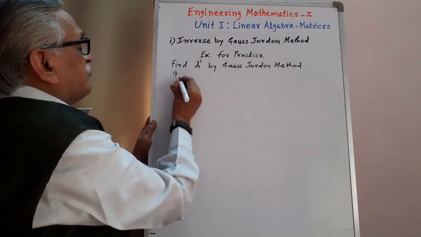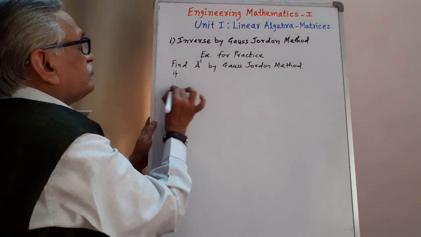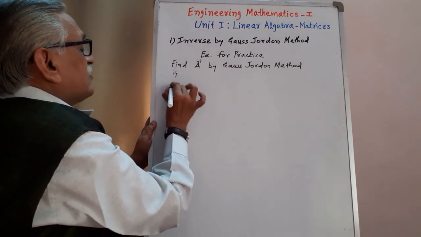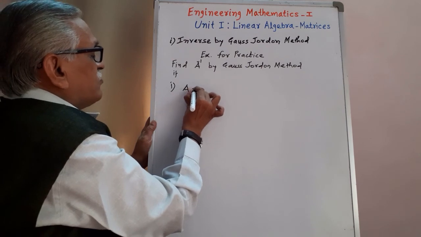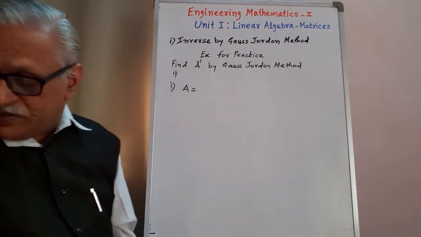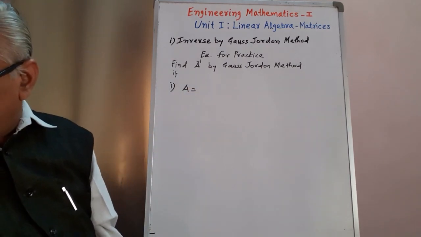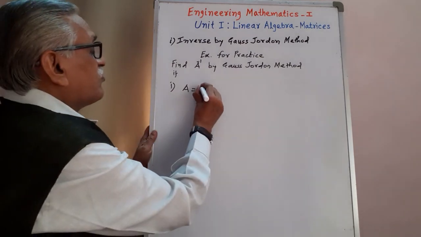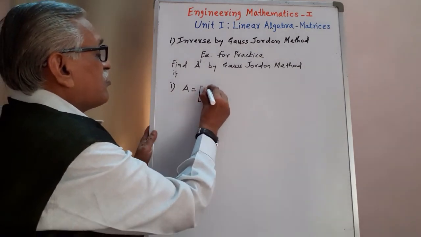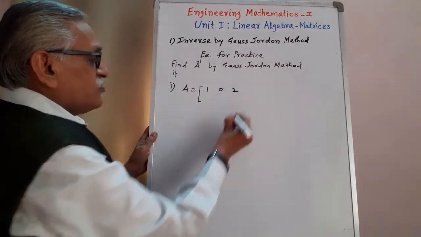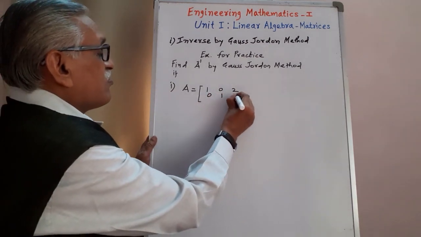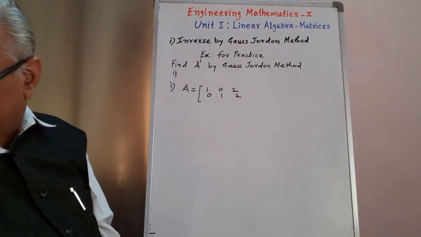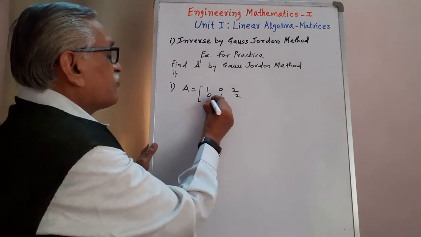First one: A is equal to the matrix [1 0 2; 0 1 2; 1 2 0].